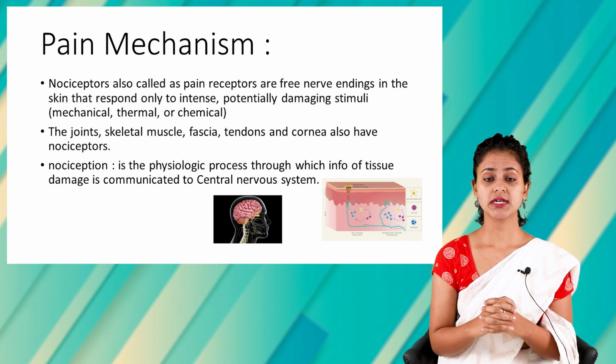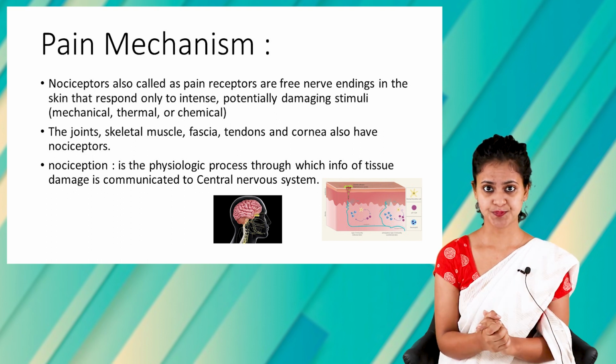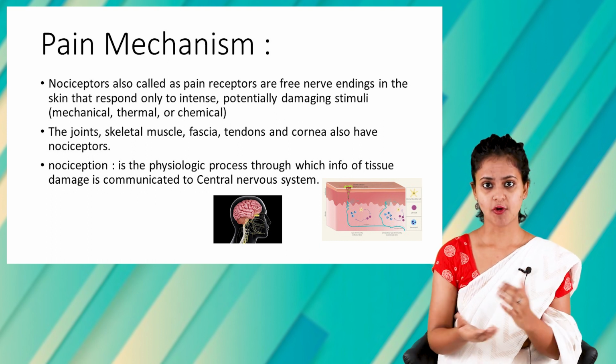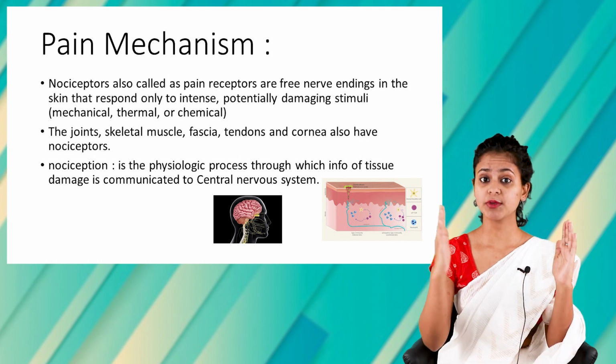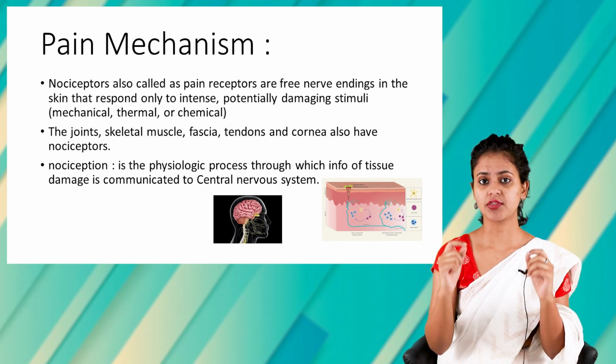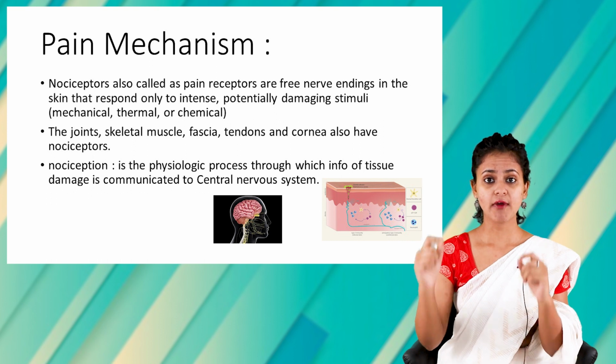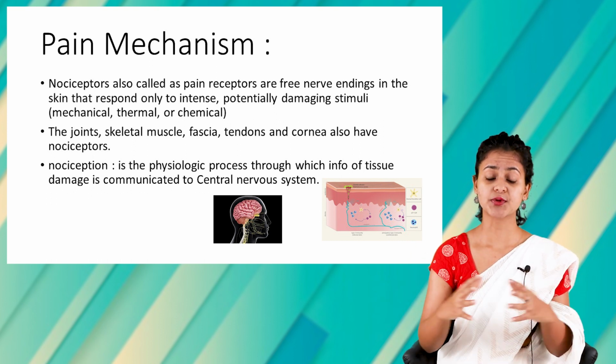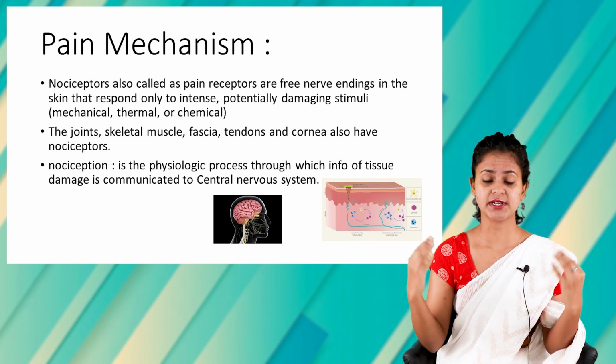Next, we are going to learn about the process termed nociception. Nociception is the process through which the information of tissue damage is communicated to the central nervous system, where the actual processing of pain starts and then a person can sense the presence of pain.